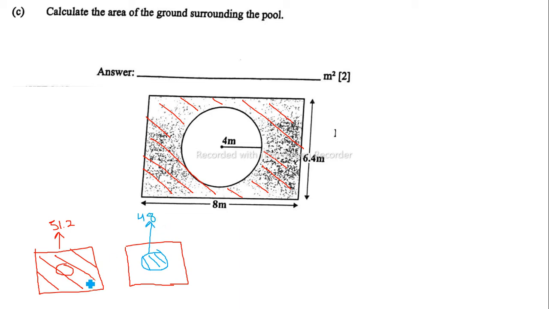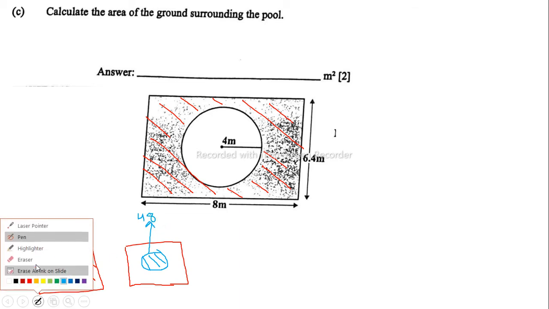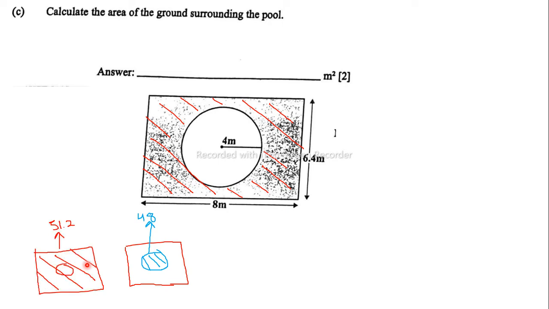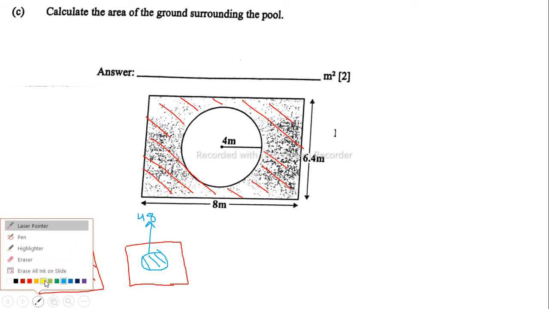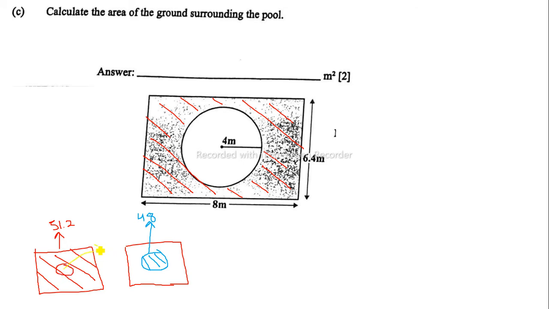So in order to figure out the area of the surrounding ground, we have to subtract 48, which is the pool, away from the area of the total. If we take that away, then we'll just be left with what's on the outside of the pool.